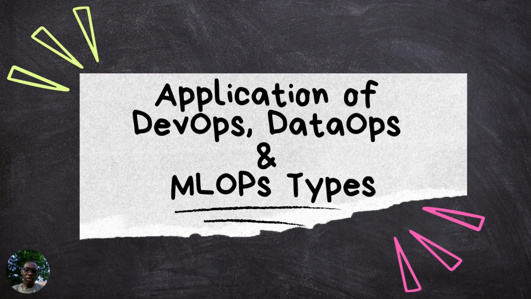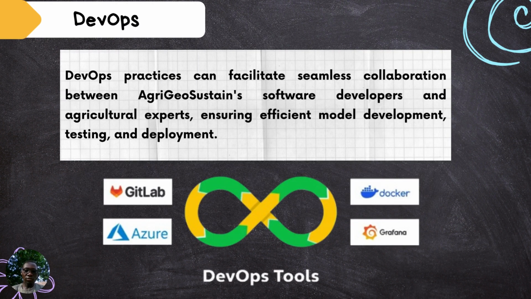Then the application of DevOps, DataOps, and ML types. If we look at DevOps, what do we have? DevOps practices can facilitate seamless collaboration between AgriGeo Sustain software developers and agricultural experts, ensuring efficient model development, testing and deployment.